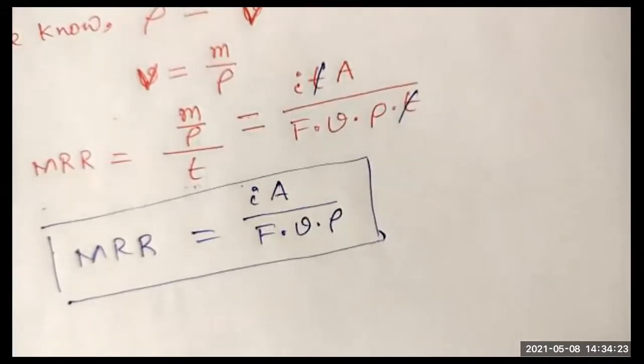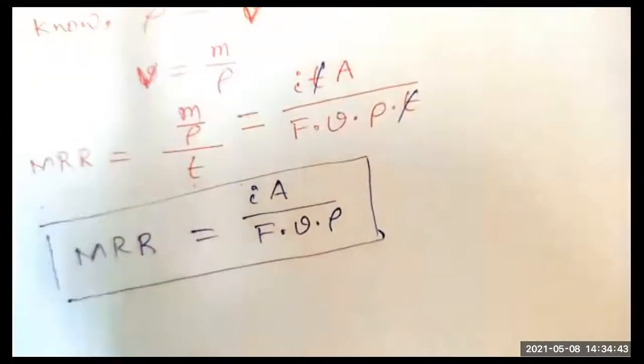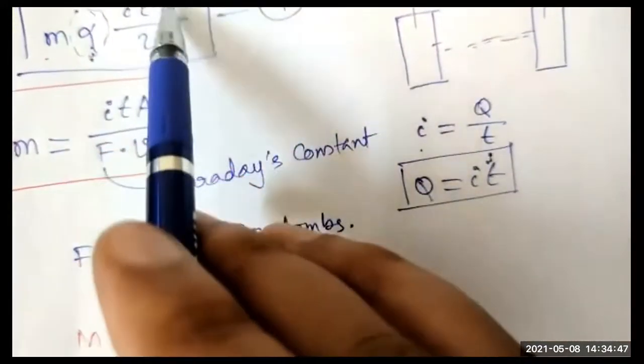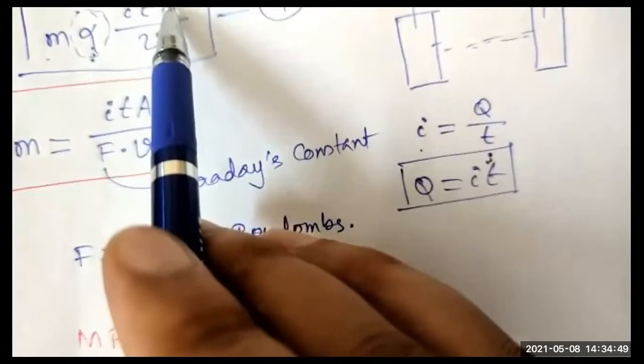Okay. I hope everyone understood. Okay. Clear. So where we found I is the current which is passing through the circuit. Okay. And then A is nothing but, we have already found out, the atomic weight.